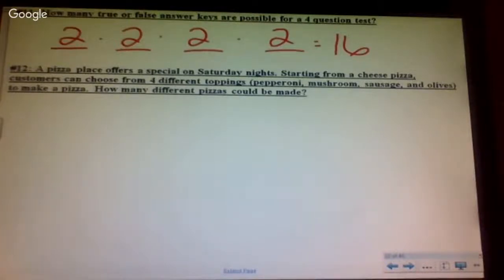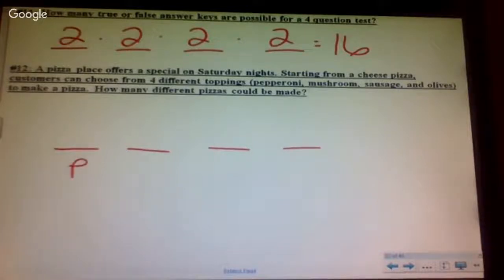Okay. A pizza place offers a special on Saturday nights. Starting from cheese pizza, customers can choose from 4 different toppings: pepperoni, mushroom, sausage, and olives to make a pizza. How many different pizzas could be made? Okay. This is a little bit different. Instead of telling me we're going to put pepperoni, mushroom, sausage on a pizza, you're going to tell me yes or no, do you want pepperoni? Okay, so you've got 4 different toppings.